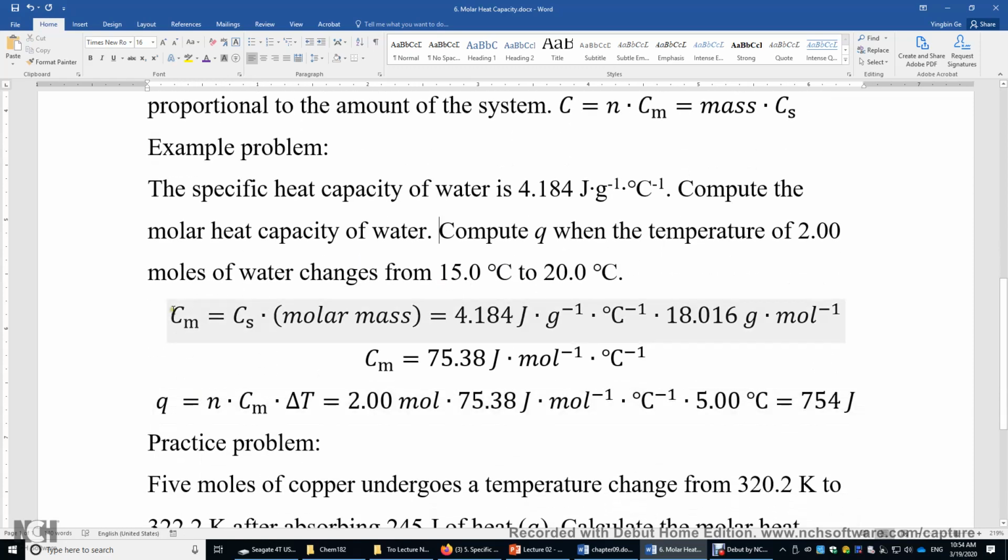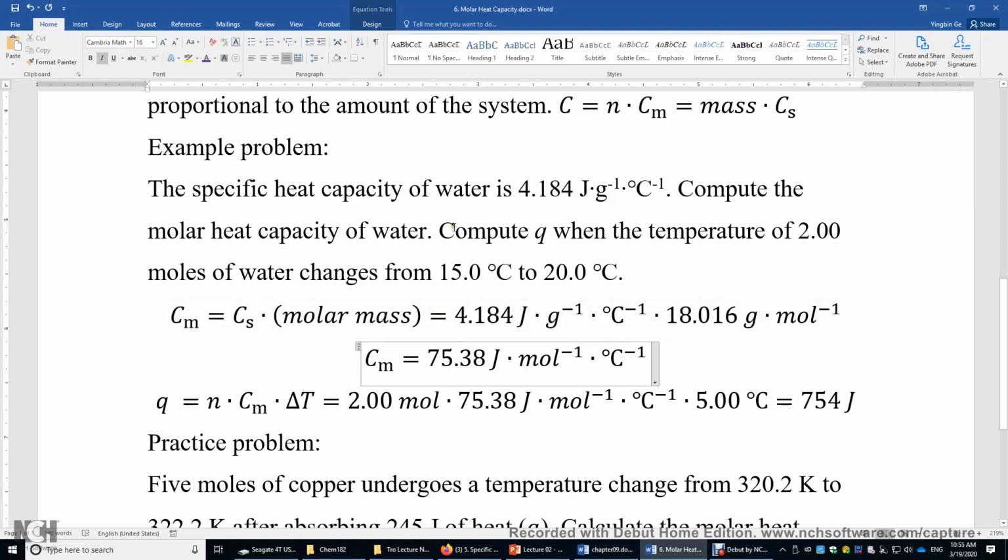First, the molar heat capacity is equal to specific heat capacity times molar mass. So it's just 4.184 times the molar mass of water. The result is 75.38 joules per mole per degree Celsius.